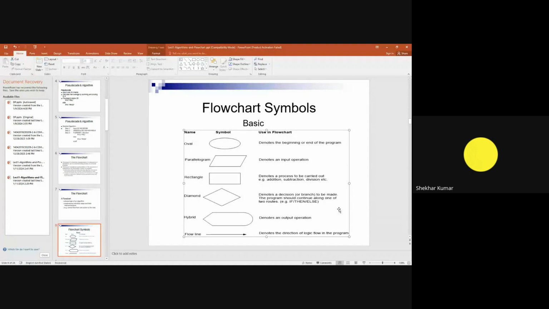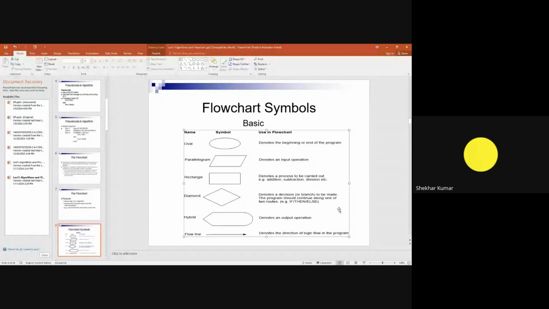This flow line denotes the direction of the logic flow of the diagram. It will describe the data flow and control flow during the program. So the first oval symbol, the terminal symbol, is used for the beginning and end of the program.